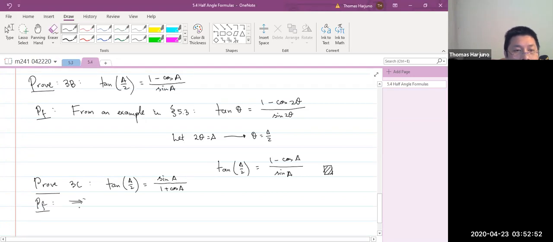From left to right, tangent a over 2 according to 3b is 1 minus cosine a over sine a.